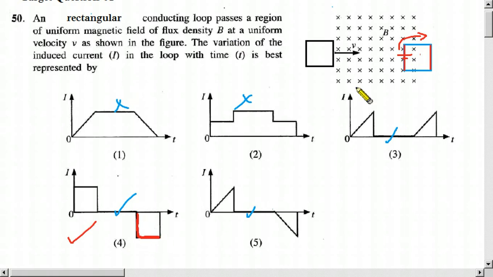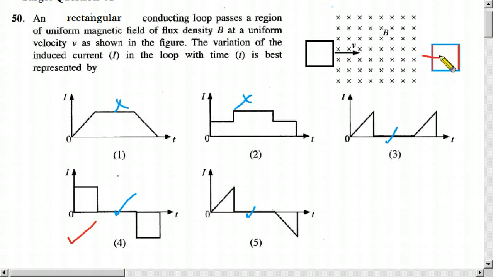So when the total wire is outside, the battery it had also disappeared. So this wire had a battery previously.